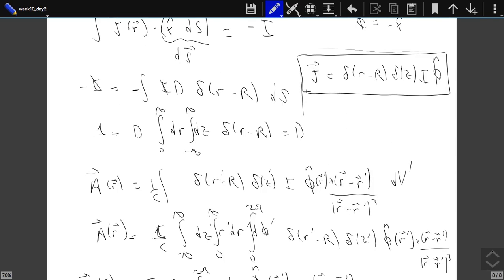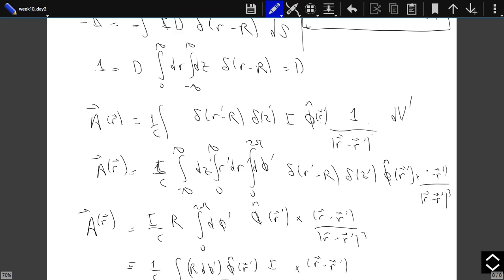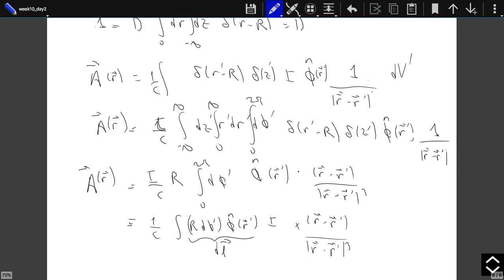It's just 1 over r minus r prime. I'm not writing the B, I'm just writing A. I don't have cross products in the definition of A. It's I dl over r minus r prime. So this is what we have.